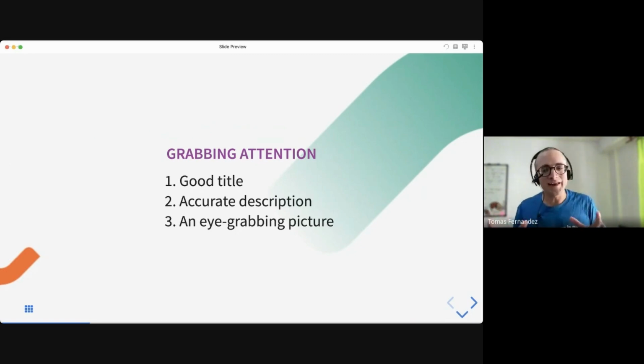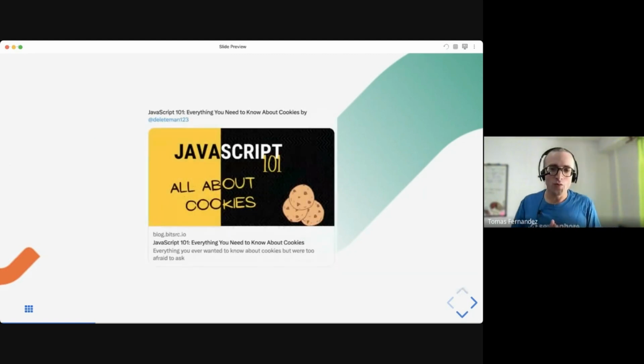Those are the three elements we have before the person clicks on our article. So let me give you two examples that I personally like. This one is very clear about what the article is about. You don't even need to read the description. The picture says it all, and it looks nice.